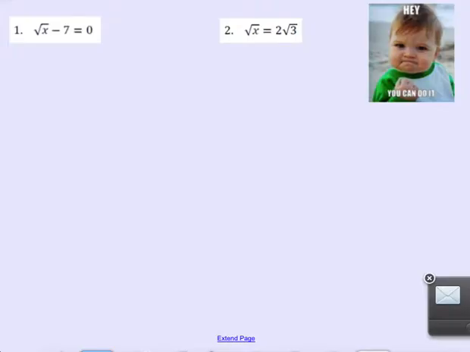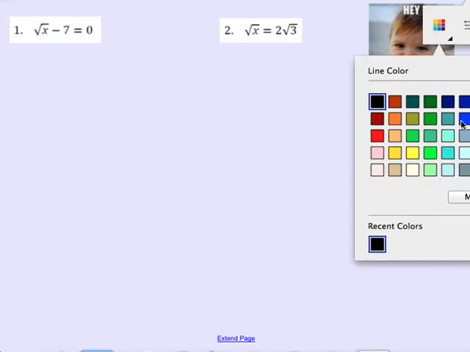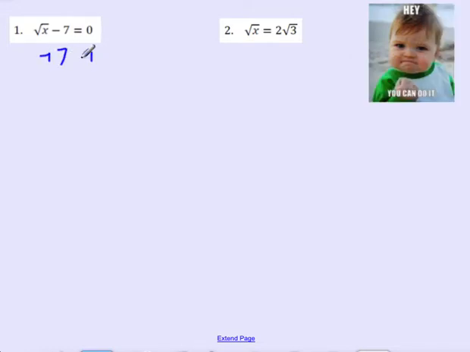All right, so let's take a look at some examples of these. Again, remember the first thing you want to do is get that -7 over to the other side. I'm getting really sick of using black pen, so I'm going to change colors. So I'm going to add 7, and I get the square root of x is equal to 7.